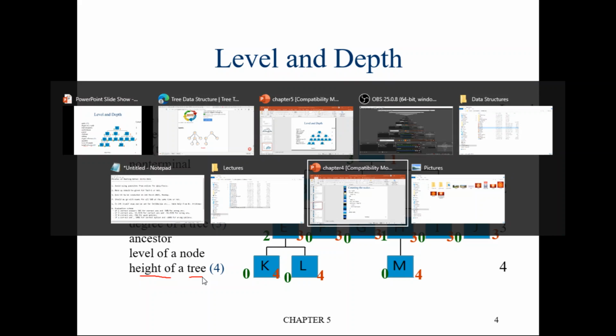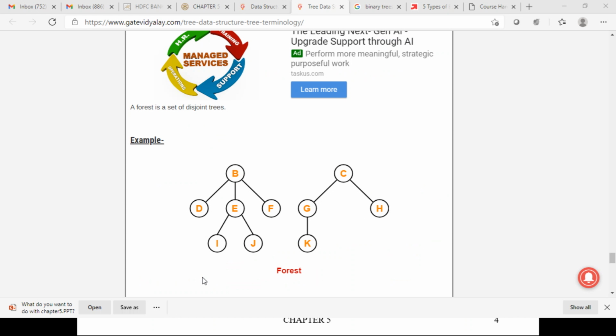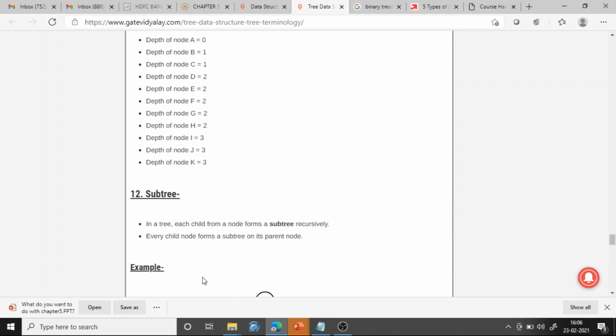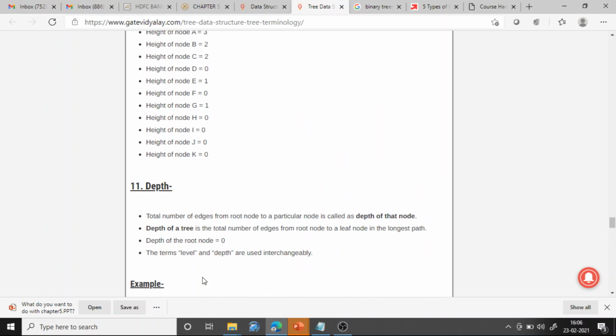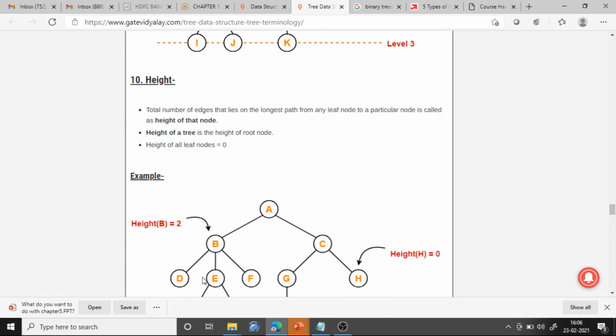As per this, the total number of edges that lie on the longest path from any leaf node to a particular node is called the height of the node. Height of a tree is the height of the root node. That is, the longest path from the leaf node to the root node is the height.